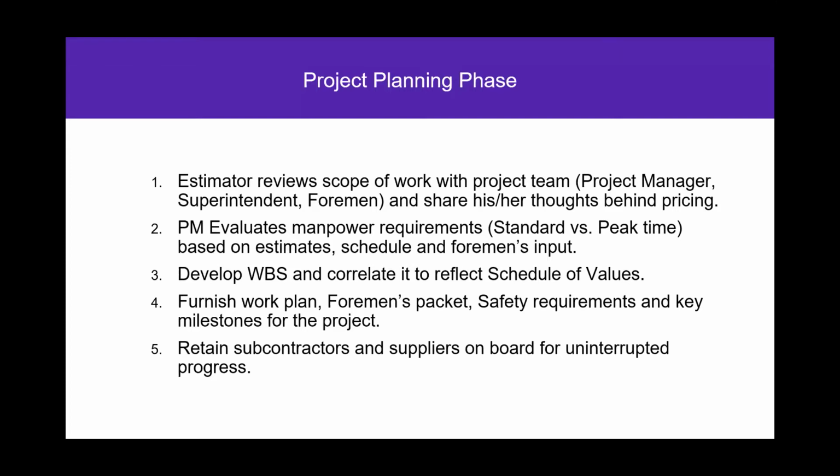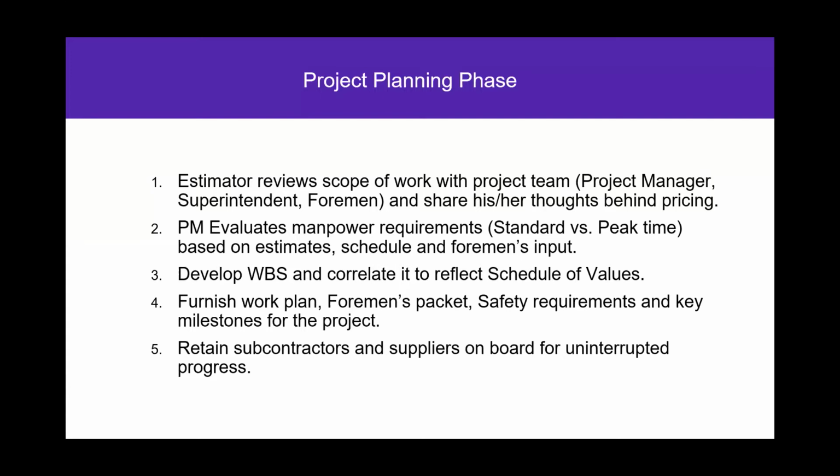Here the estimator and project manager, along with our foreman, work together. Based on the general contractor's schedule, we develop our work breakdown structure and use a similar work breakdown structure to develop our schedule of values. On a typical project, we will have foundations, flat work, and site work.